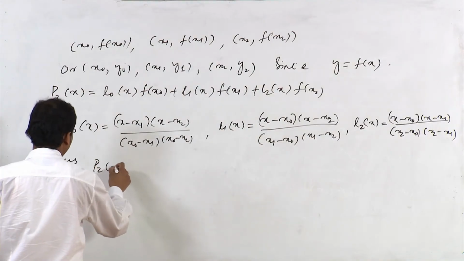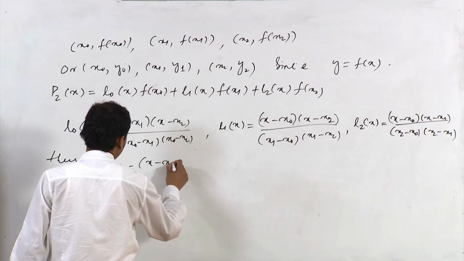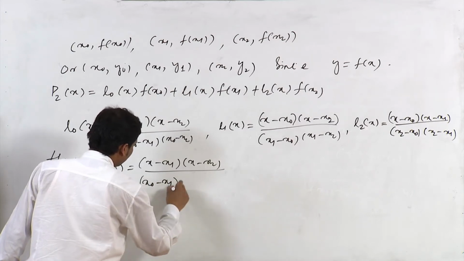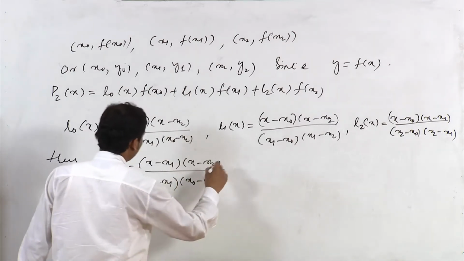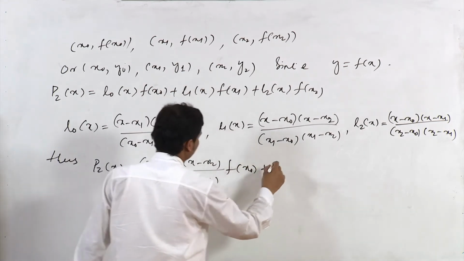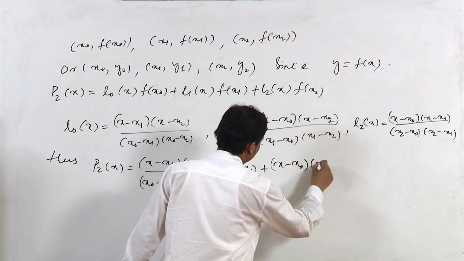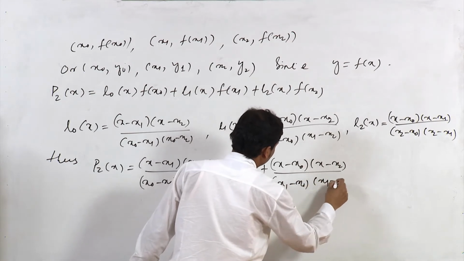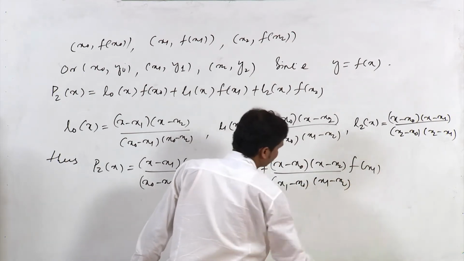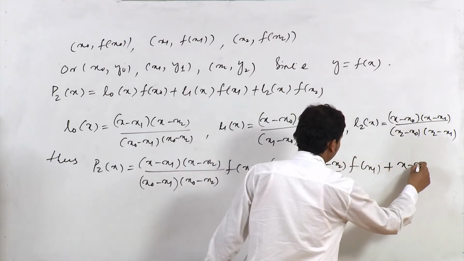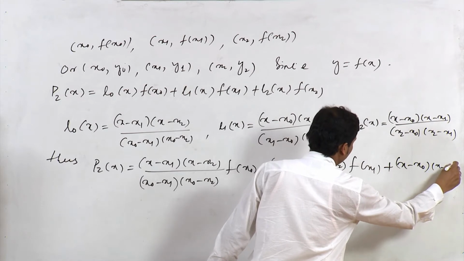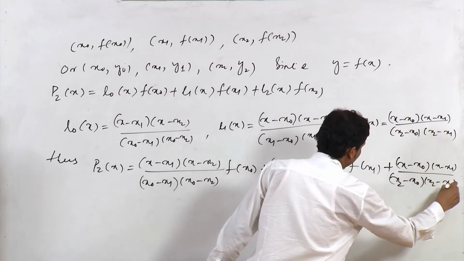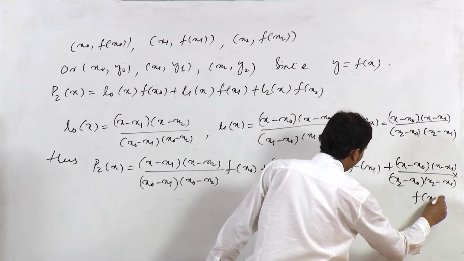thus P2(x) can be written in the form of (x minus x1)(x minus x2) by (x0 minus x1)(x0 minus x2) into f(x0), plus (x minus x0)(x minus x2) divided by (x1 minus x0)(x1 minus x2) into f(x1), plus (x minus x0) into (x minus x1) divided by (x2 minus x0)(x2 minus x1) into f(x2).